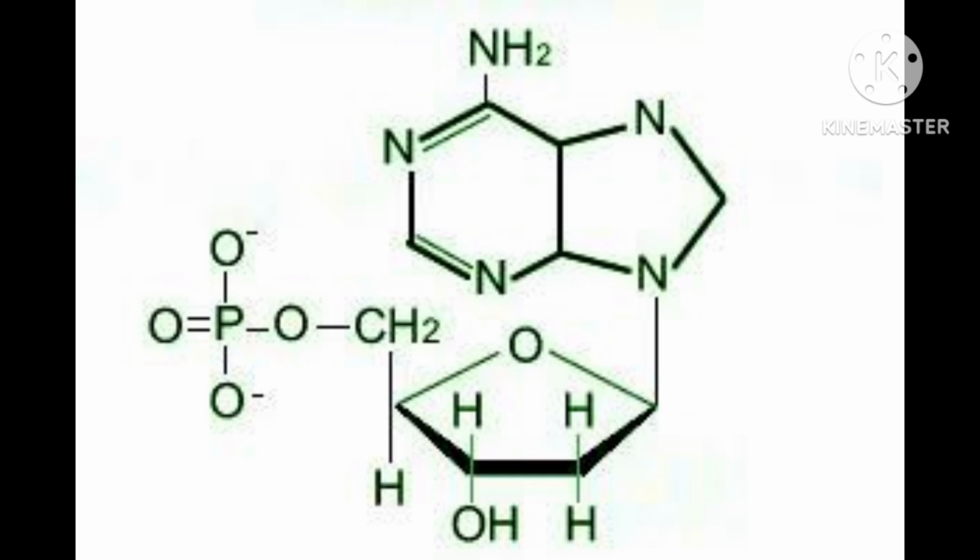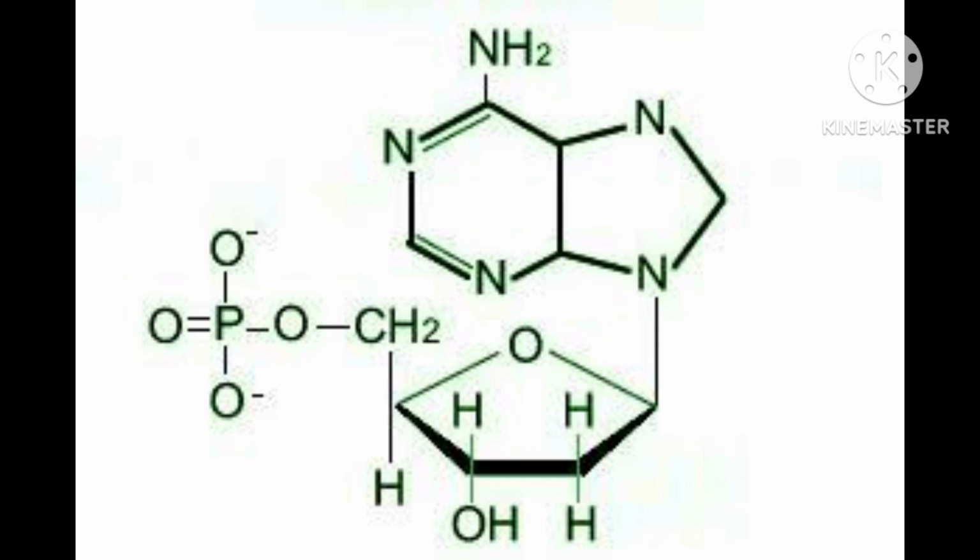And now here you can see beta D-2-deoxyribose. In this example, I told you that OH is present here. In beta D ribose, OH is present. But now in beta D-2-deoxyribose, all things are the same.